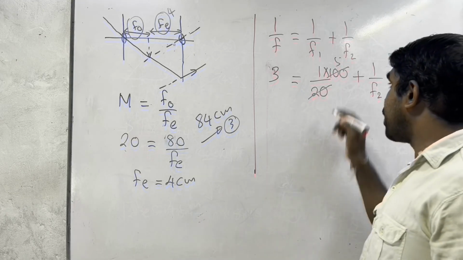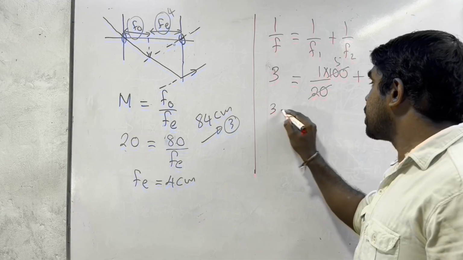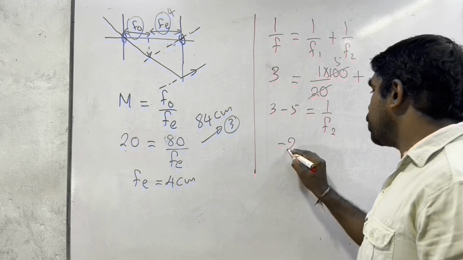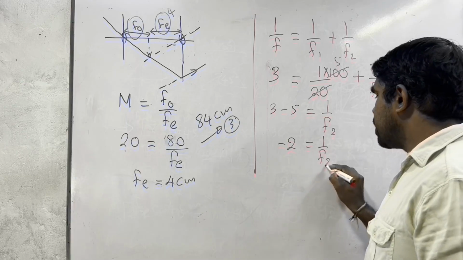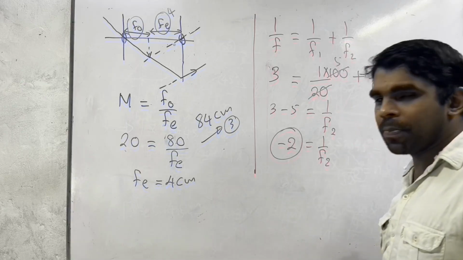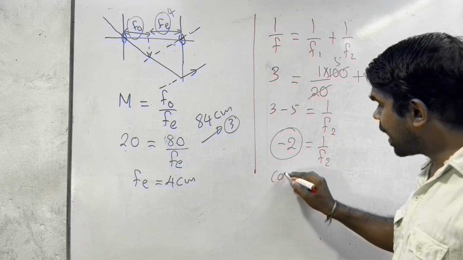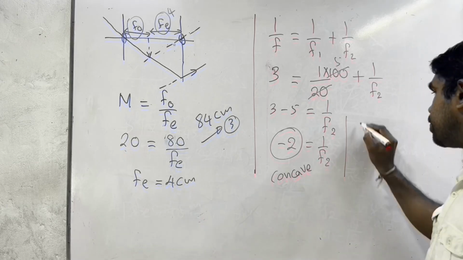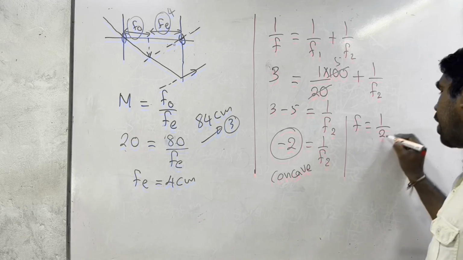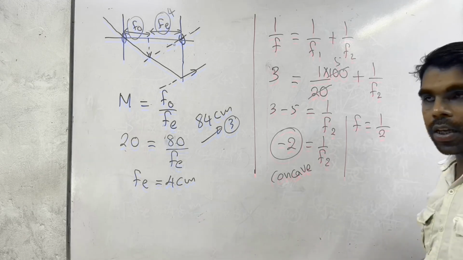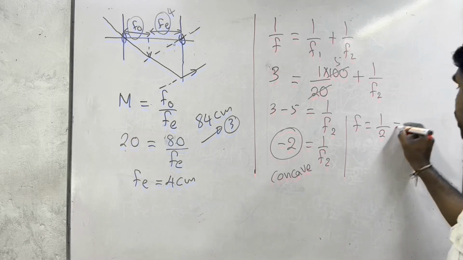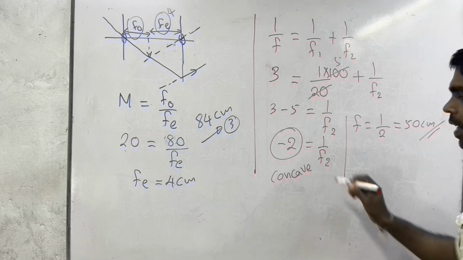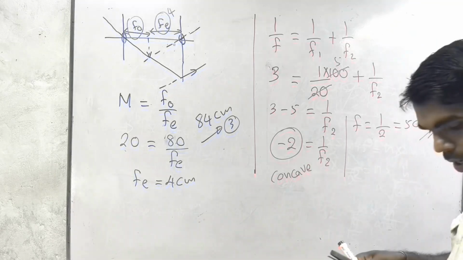Then we can bring 5 to the left hand side. 3 minus 5 is 1 over F2, which is minus 2. It is lens power. Lens power is a minus value. It means it is a concave lens. And we can find the F value. F is 1 over 2 meters. It means half a meter, which is equal to 50 centimeters. Then the focal length is 50 centimeters and it is concave.